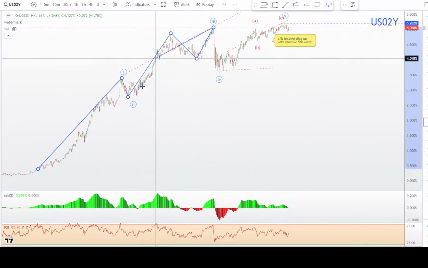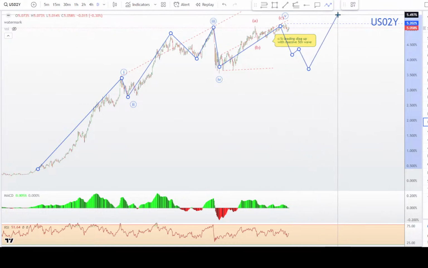But I think this is 3, this is 4, and there is this ABC already, so that's a 3-wave pattern, and that could be 5, so 5 waves, and now they're going to start to correct, but then it's going to still go back up.